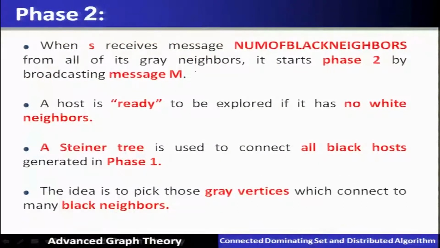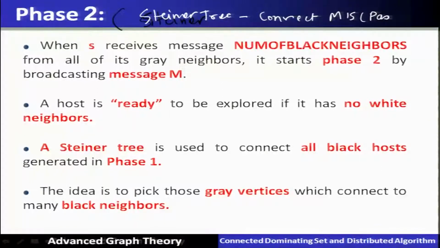Now, we will begin phase 2. Phase 2 is nothing but constructing a Steiner tree. It will connect the nodes in the MIS which we have obtained in phase 1, and hence MIS plus the connectors will become a connected dominating set.